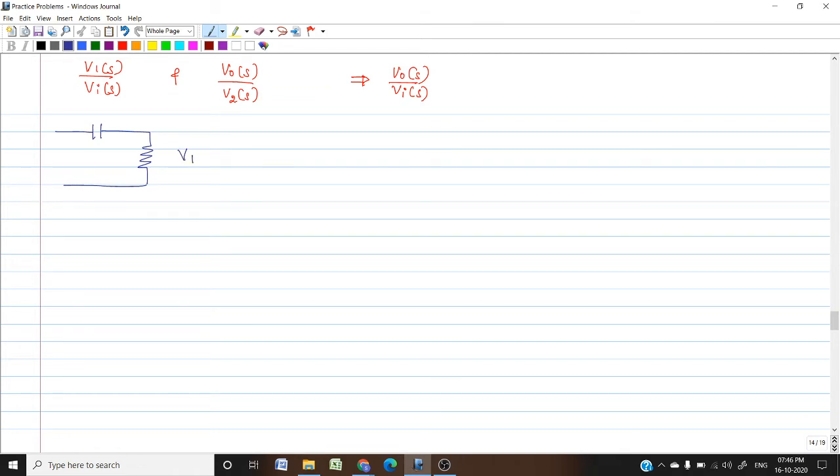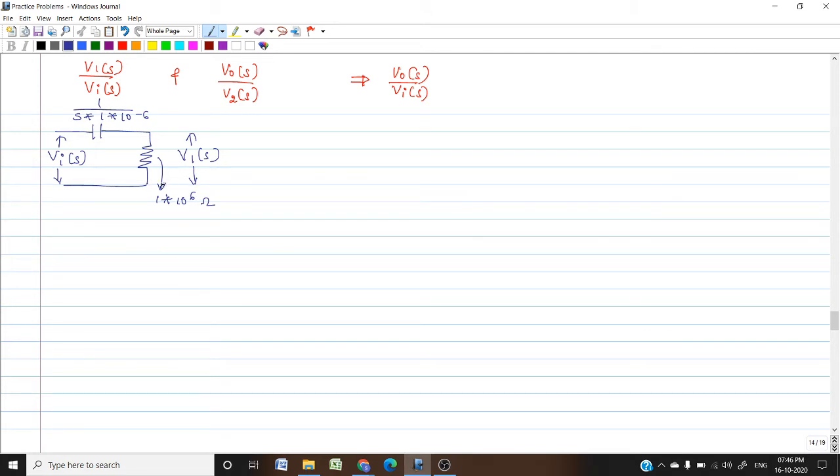The voltage across the resistor is nothing but V1 of S, which is the input voltage to the buffer amplifier, and here we have Vi of S. The capacitor value is 1 divided by S into 1 into 10 to the power minus 6, and the value of this resistor is 1 into 10 to the power 6 ohms.